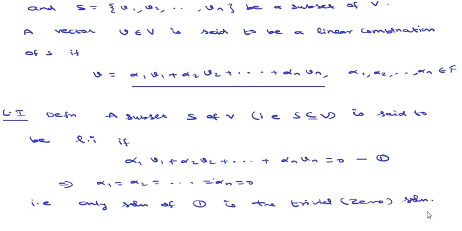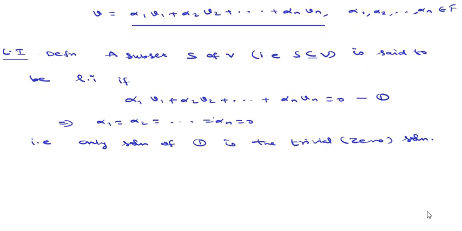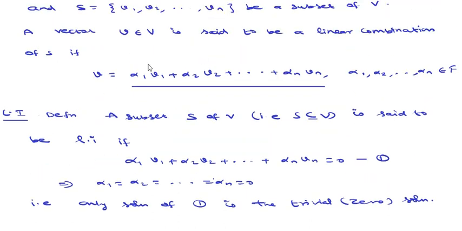There is no other solution other than the trivial solution. So a set satisfying this condition is called a linearly independent set, where S consists of elements V1, V2, ..., Vn.